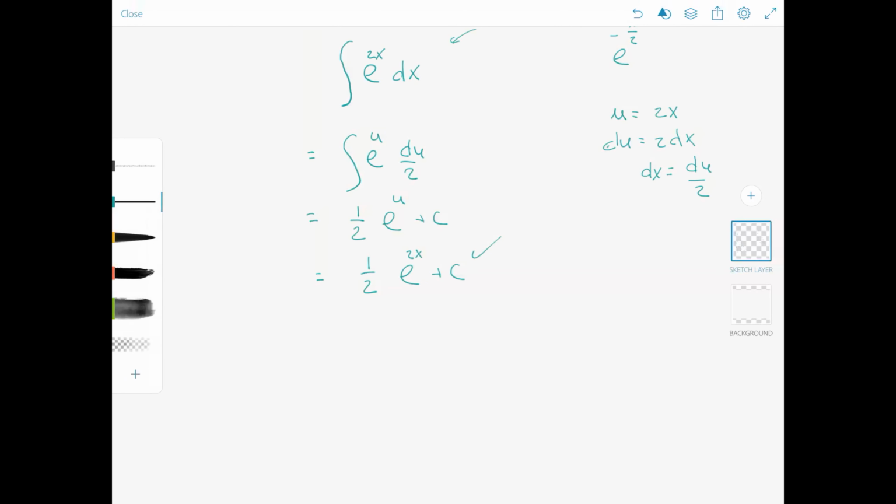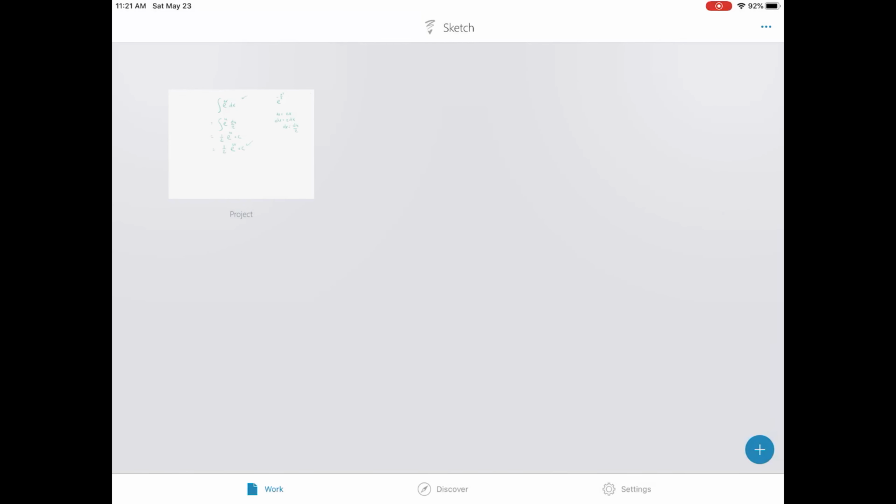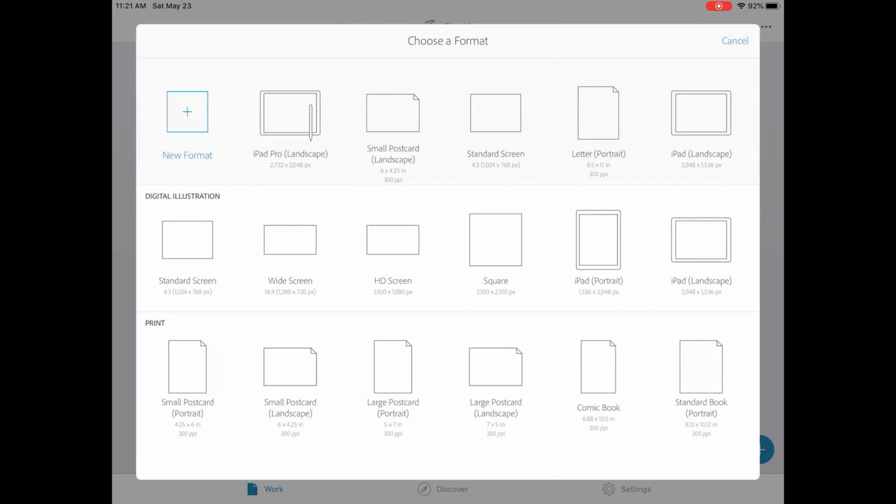And here's another problem of a similar nature, but it's a little bit more complex, and it's something that you need to think about a little bit. So we've got a very interesting one. We got e to the sine x, cosine x dx.